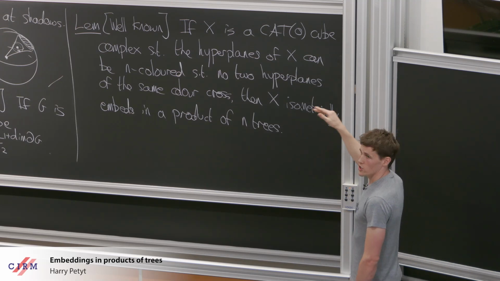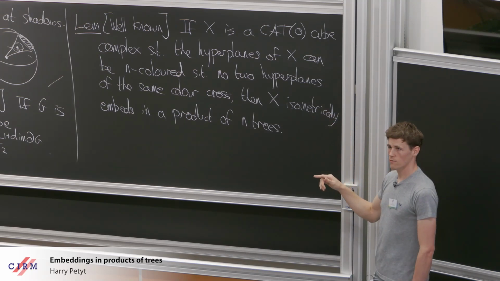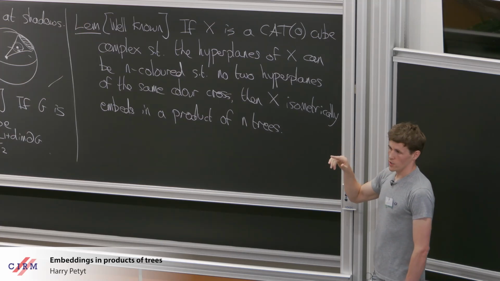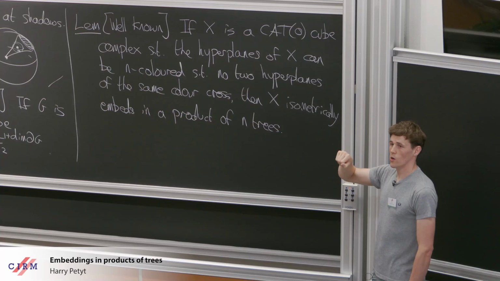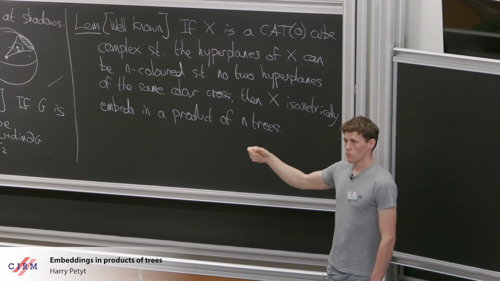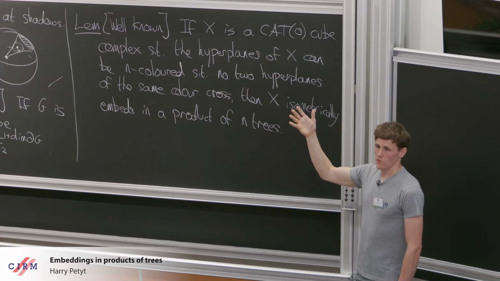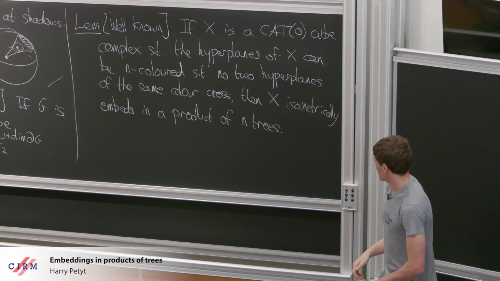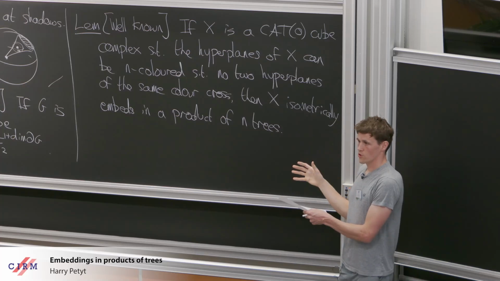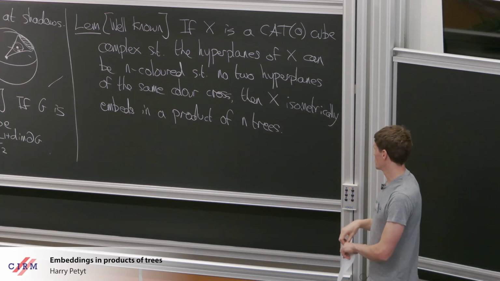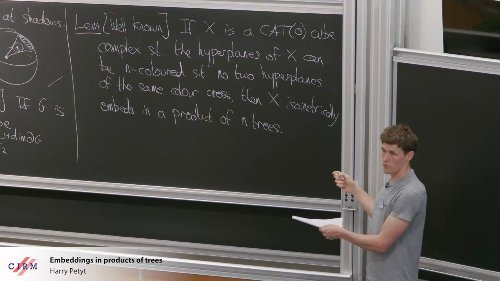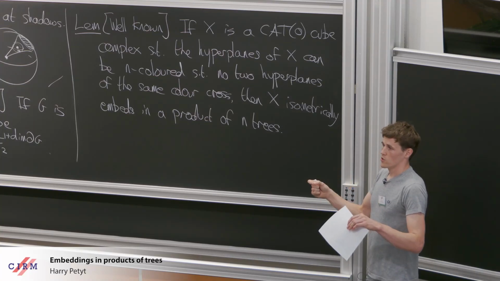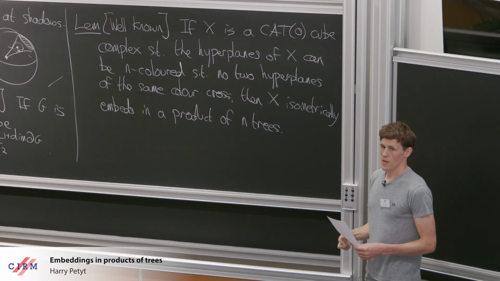So doing this once for each color, you get n trees. When you look at the hyperplanes of one color, you also get a natural map from the cube complex to that dual tree. When you have a point in the cube complex, you just look at which side of all of those hyperplanes it was on, and that gives you a point in that tree. So the way you produce those trees with the Sageev construction also gives you a map to their product, and the reason it's an isometric embedding is that the distance between vertices is the number of separating hyperplanes.